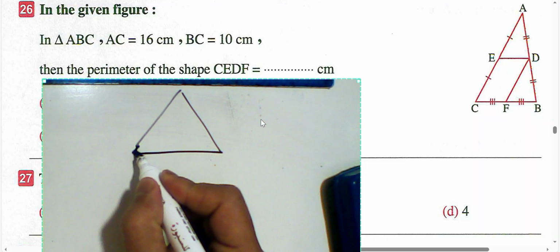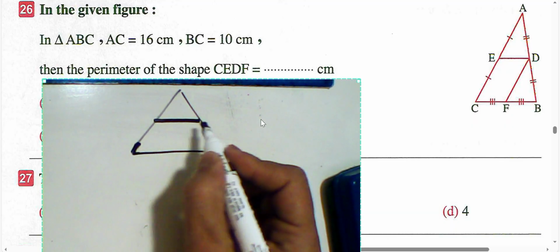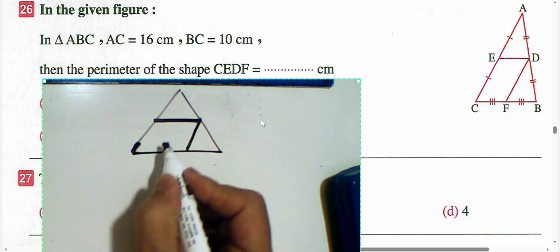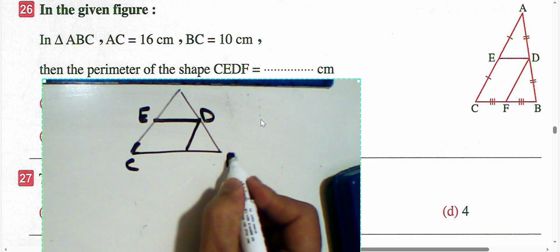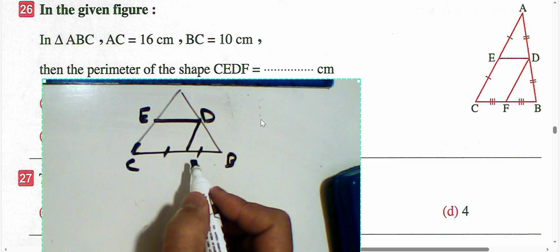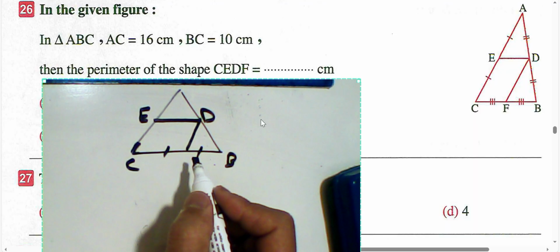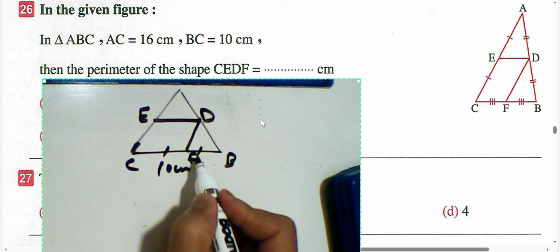Okay. This line segment ED, we call it the midpoint, half of CB. And this part equals this part, okay? He gives us BC 10. BC 10, it will be 5 centimeters because of the midpoint. Then CF is 10.